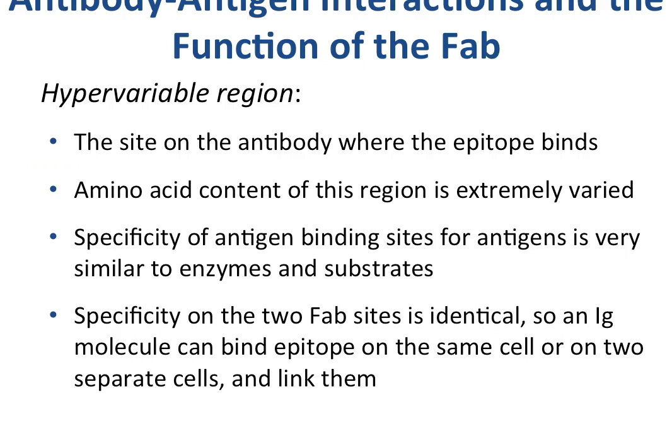So the antibody has a hypervariable region, which means the shape of the region is very diverse. So it allows this region to bind all kinds of antigens, because the amino acid residues in this region are very variable.